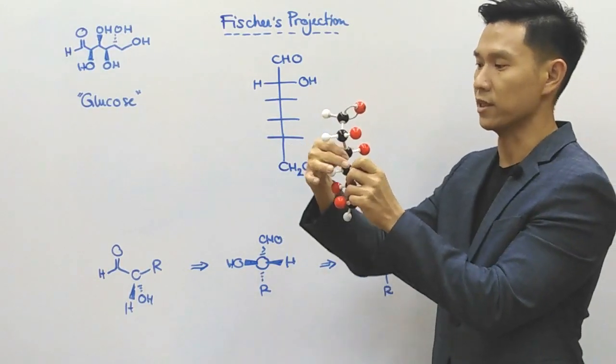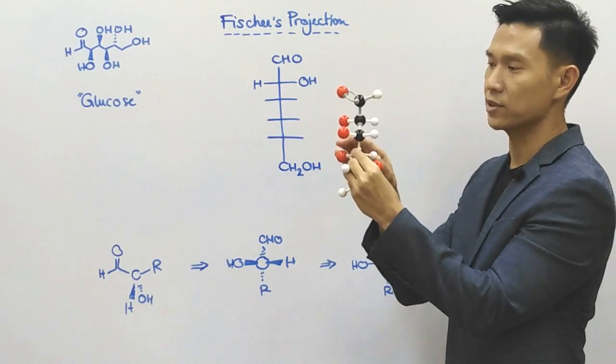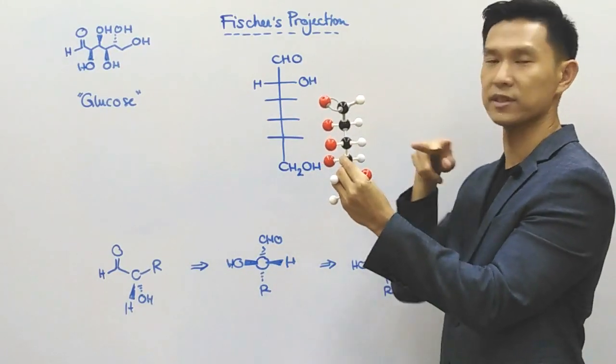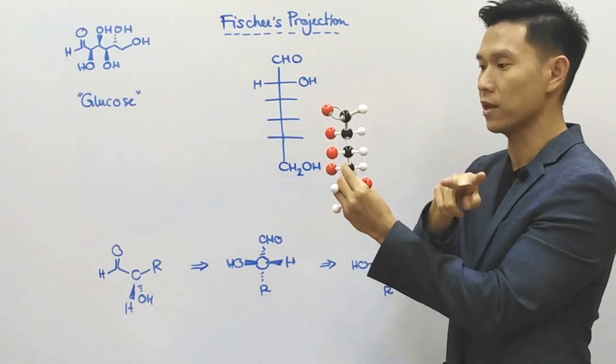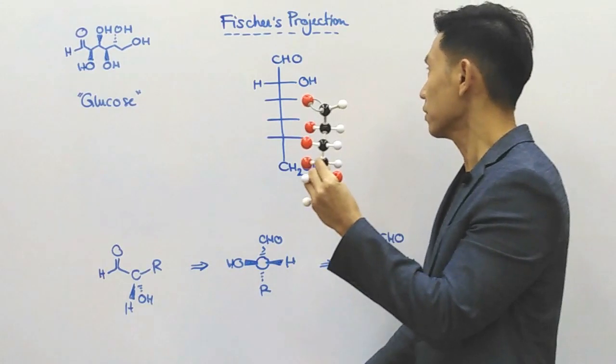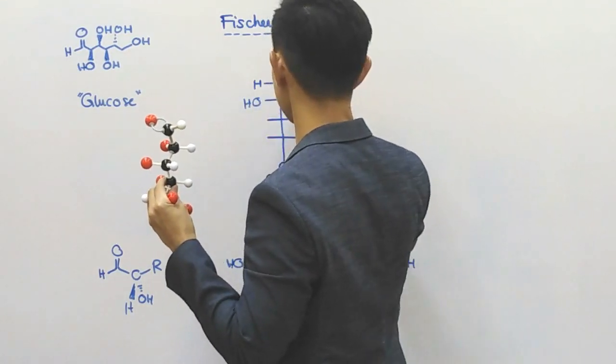So you have to turn it a bit like this. Now the third carbon has the vertical line pointing outward and the horizontal line pointing toward yourself, and the OH will be on your left hand. So for the third carbon, OH is on the left, H is on the right.